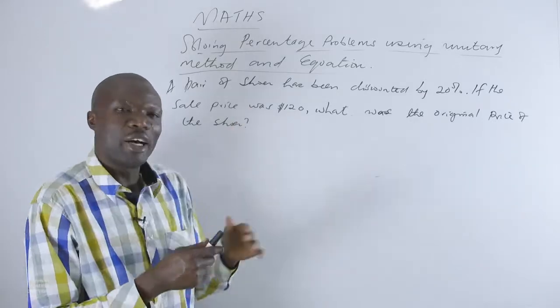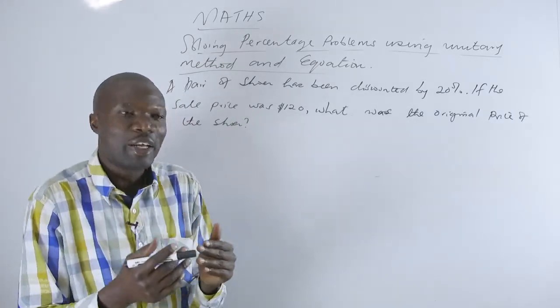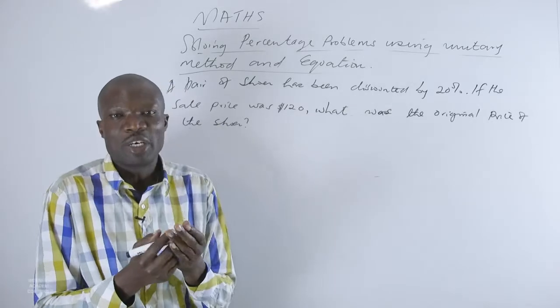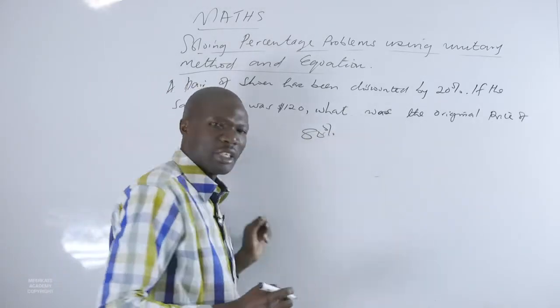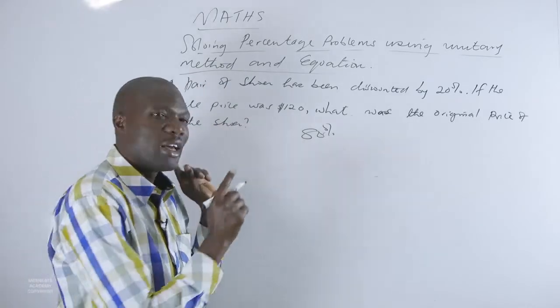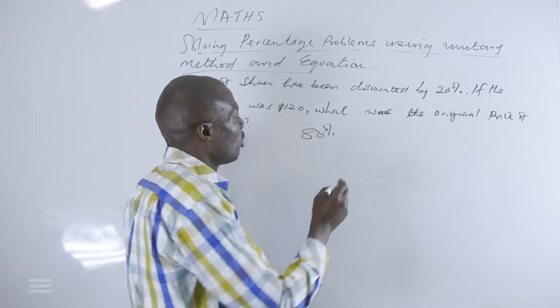So this $120 is equivalent to the discounted amount, and the discounted amount is equivalent to 80%. So we can simply agree here that 80% is equivalent to the sale price.